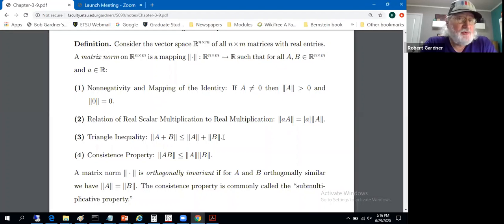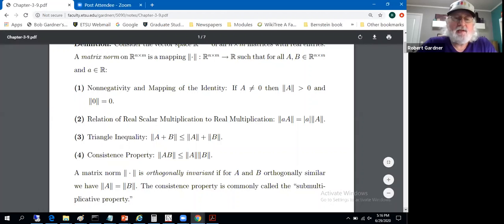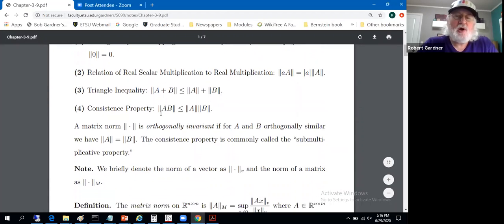Something we can do with matrices that we didn't do with vectors is we can multiply them together and get another matrix. So an additional property is added called the consistence property. It's sometimes called the submultiplication property as well. This requires that the norm of the product AB is less than or equal to the norm of A times the norm of B.